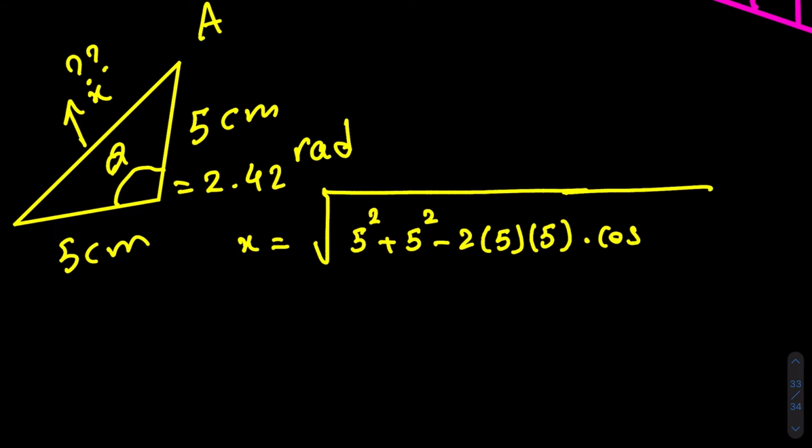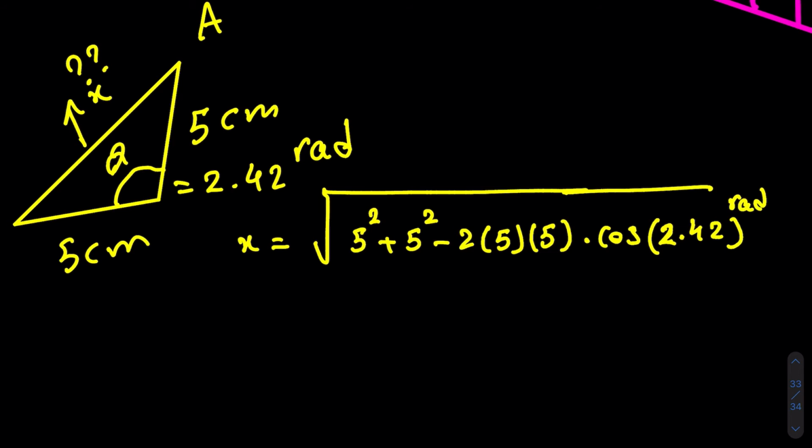So I choose radians. It doesn't matter actually, because it will give the same value, 2.42 radians. But I need to write radians because in our calculation, by using a calculator, we need to be careful. Do not make a mistake and put degrees, or the answer will be wrong.